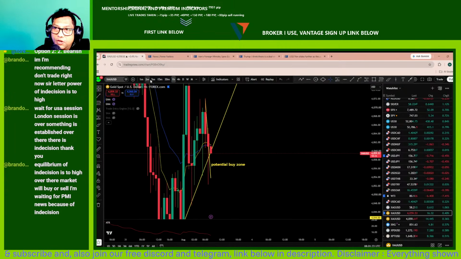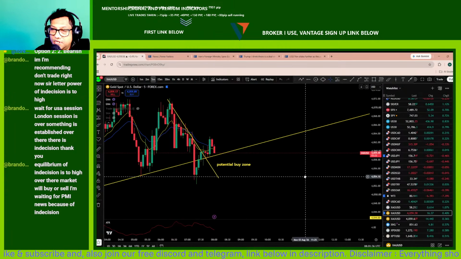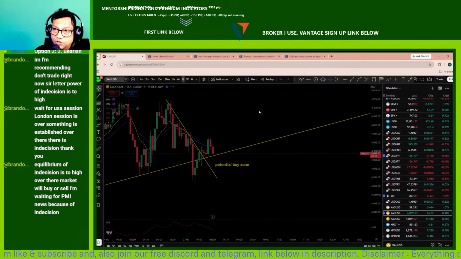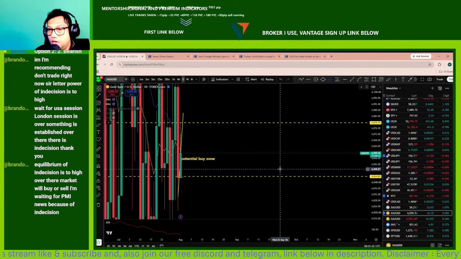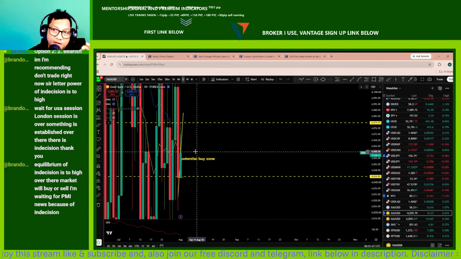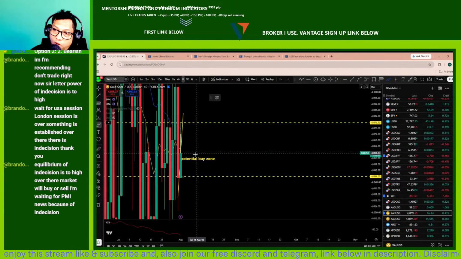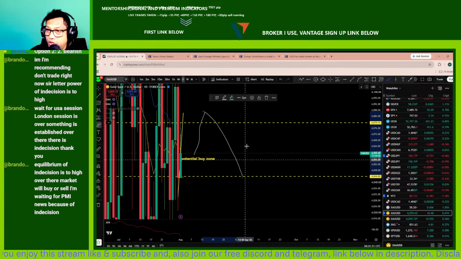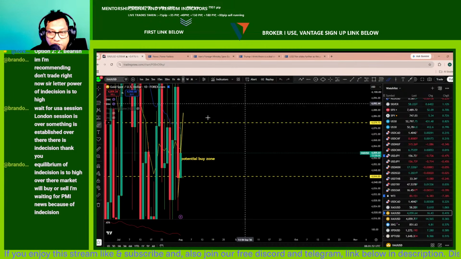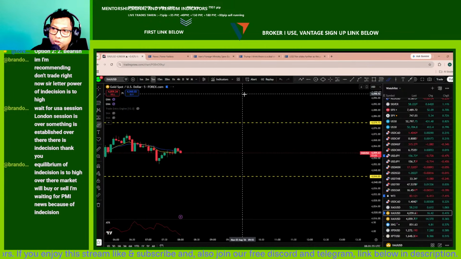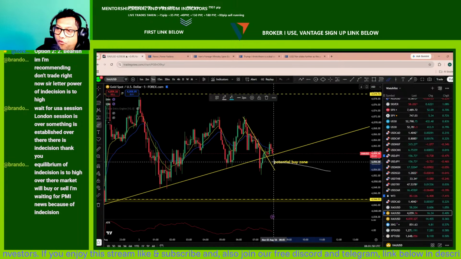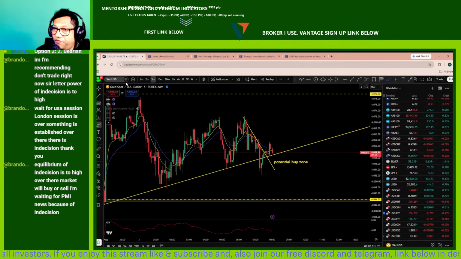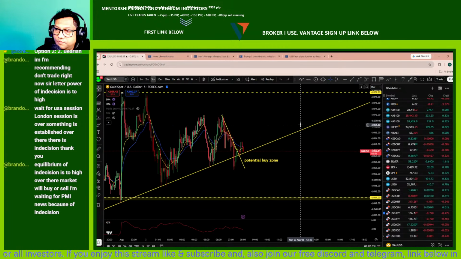I'm not selling it because the price is approaching the daily resistance line. You can see the daily support here, and from this daily support we look for a rejection. However, if the market starts to bounce off the daily high, we can also look for a rejection back below. So it's all about looking for an entry at this key level.